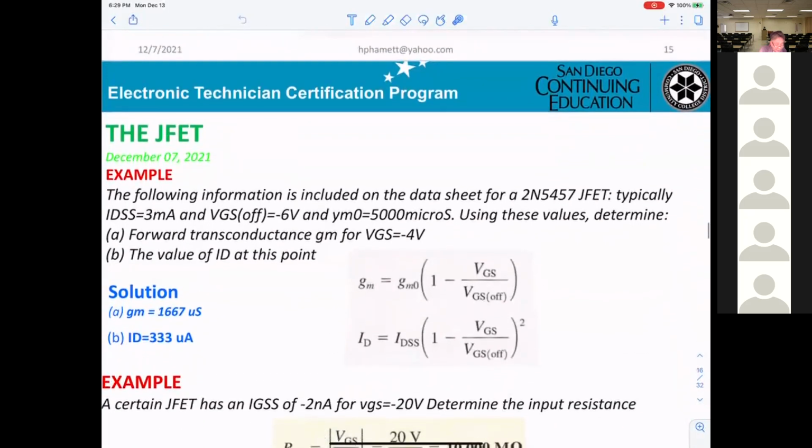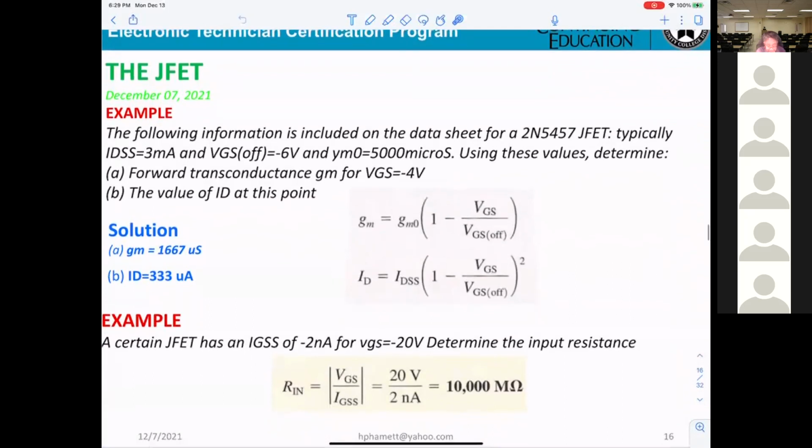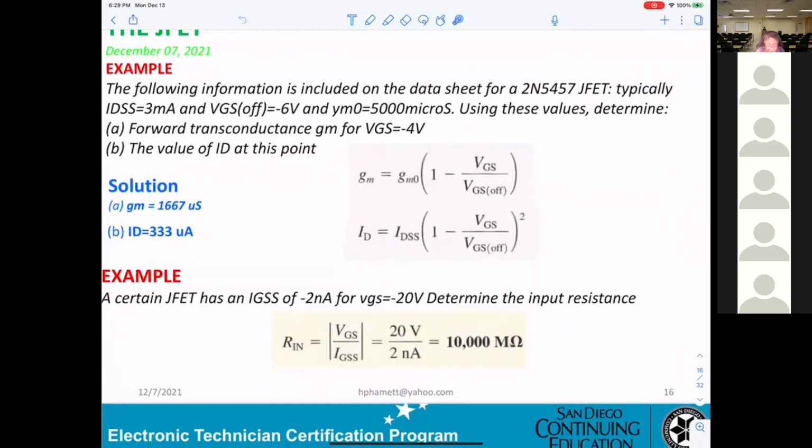Let's see an example. The following information is included on the data sheet for the JFET 2N5457: typical IDSS 3 milliamp, VGS off minus 6 volts, and GM0 5,000 microsiemens.